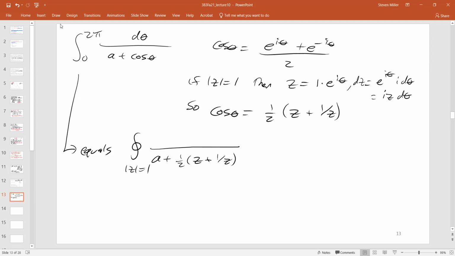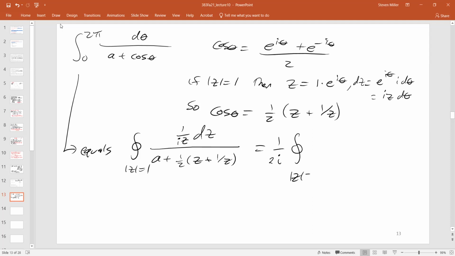Yes? We agree? So if dz is iz d theta, d theta should then just be dz divided by iz. So it should be 1 over iz dz. And so this is just 1 over, I'll bring out the 2 as well.